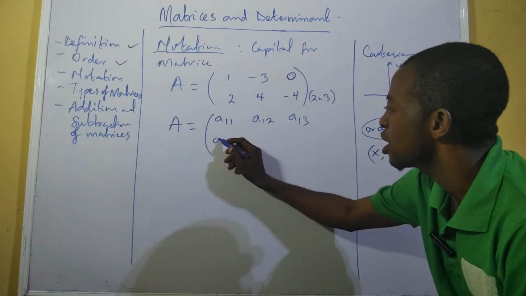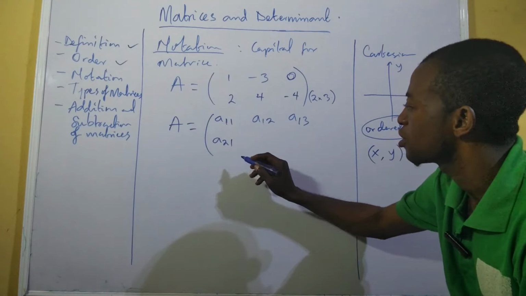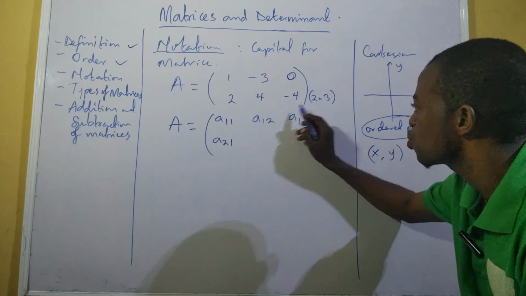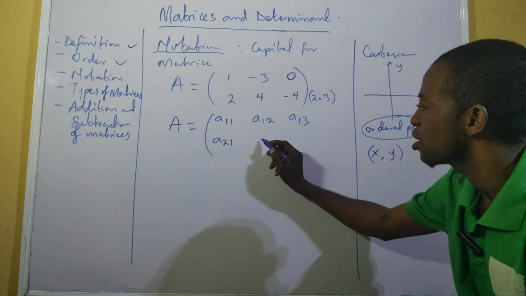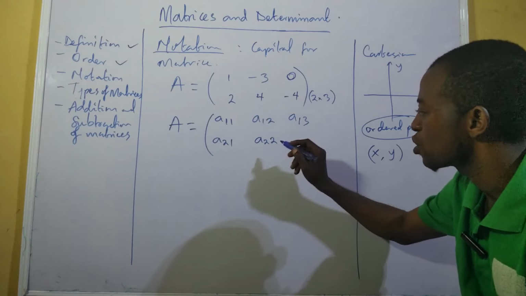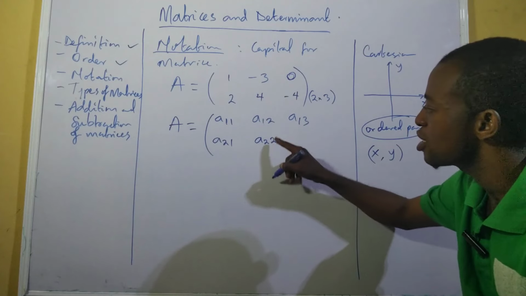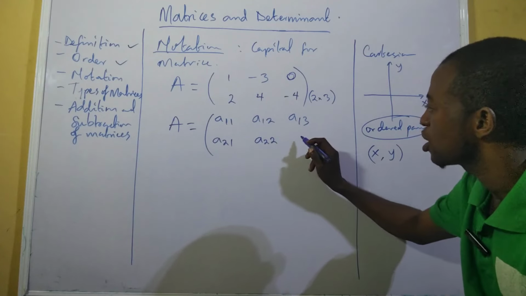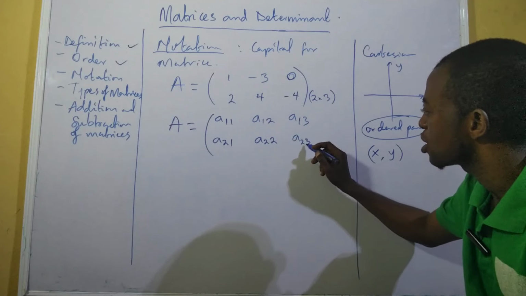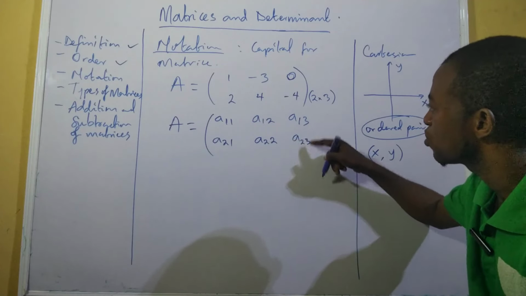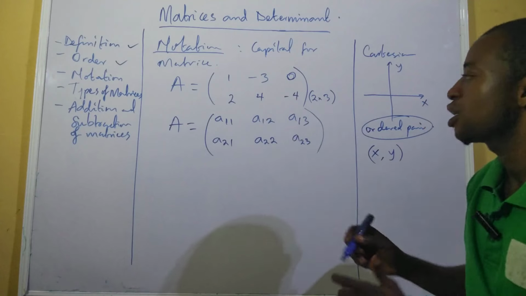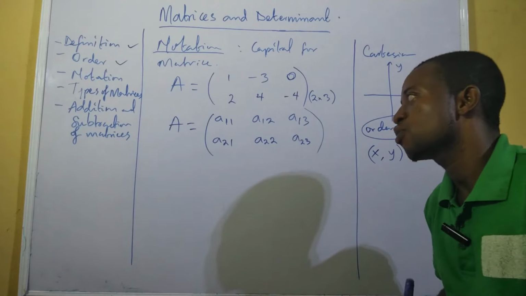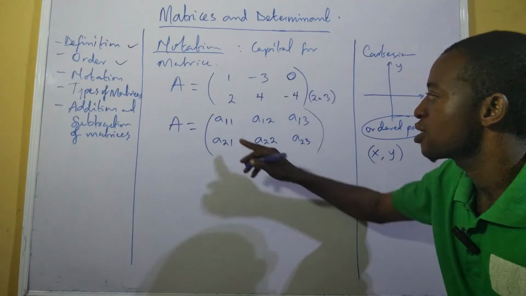And here, this will be A21. This one means the element in row 2, column 1, and that's 2. Here we have A22, the element in row 2, column 2. Here we have A23, the element in row 2, column 3. That's minus 4 here.